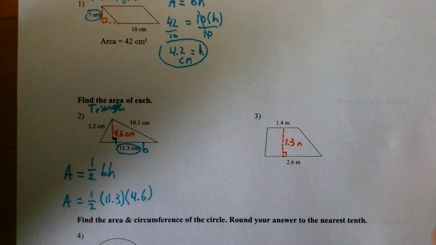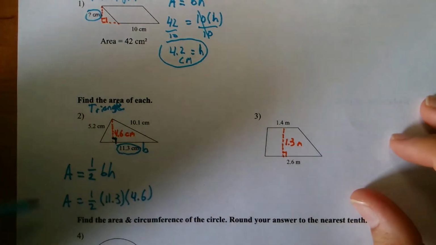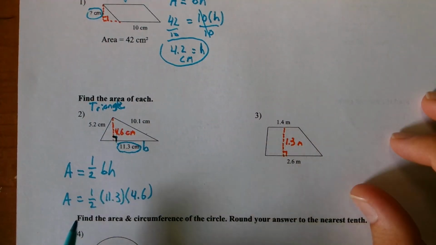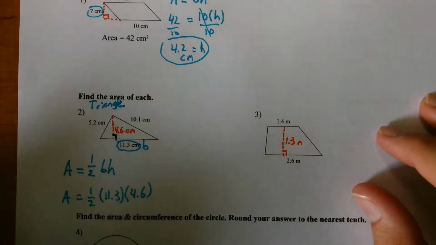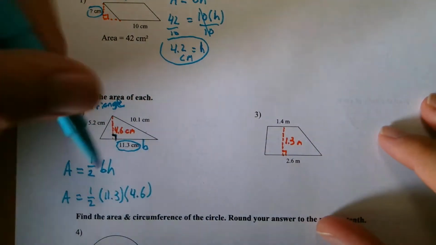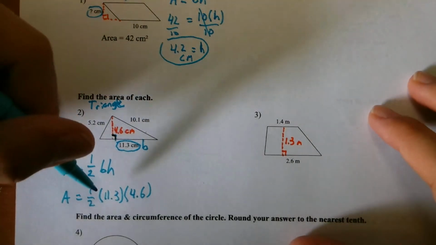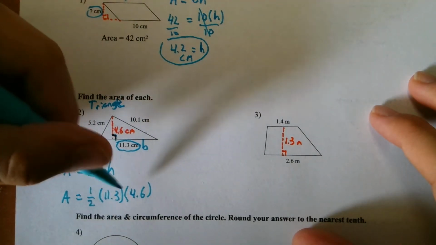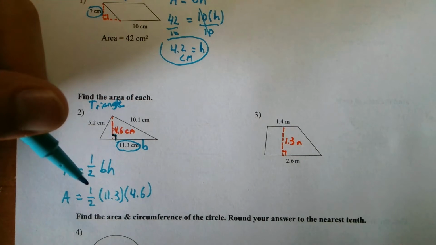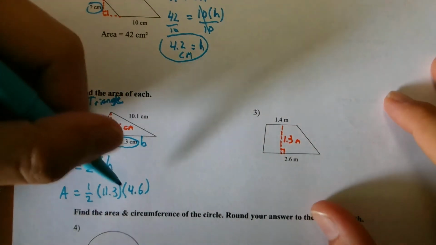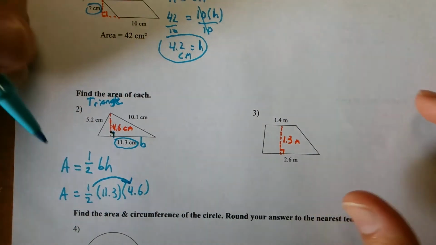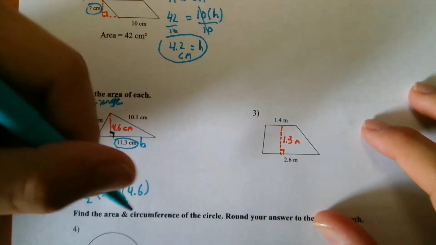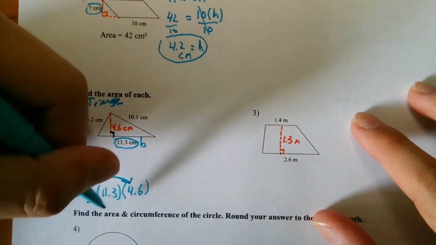Okay, cool. So now, since they're all multiplying, I can multiply these three numbers in any order. I personally like to look and see if either of my base and my height are even numbers, and I can easily split those in half. So for example, 4.6. If I take 1/2 times 4.6, that's going to give me 2.3.